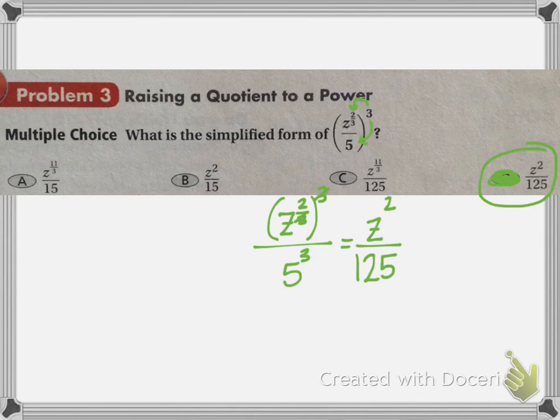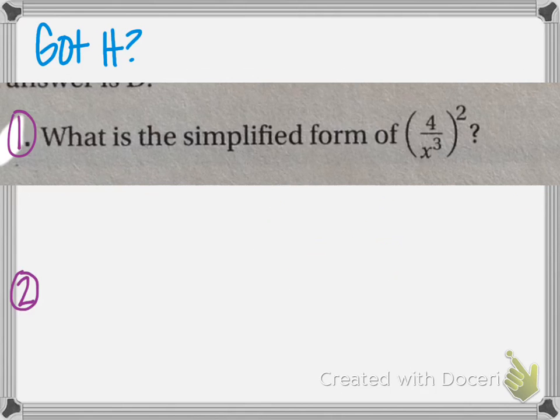Now, if you're struggling with the rule that got me from this big thing to z squared, go back and look at, I think it's 7.3. Look at those videos again to refresh your memory. Alright, so let's do a got it question. I want you to tell me the simplified form of 4 over x to the 3rd, all squared.